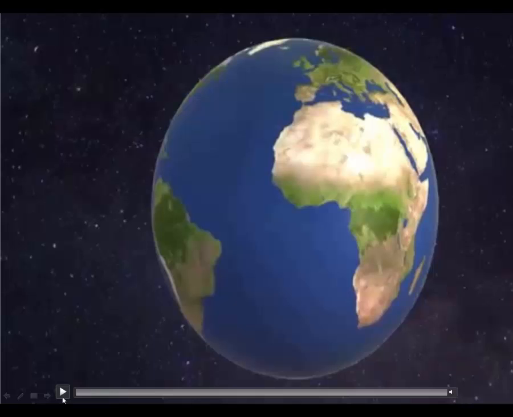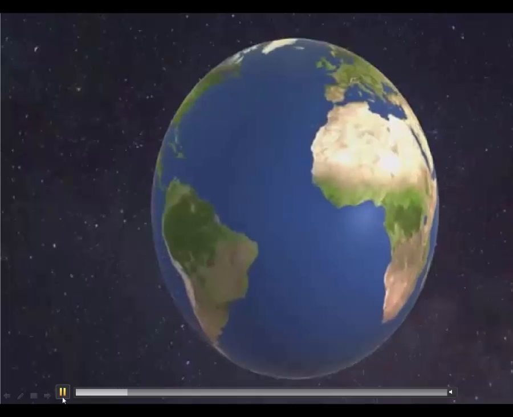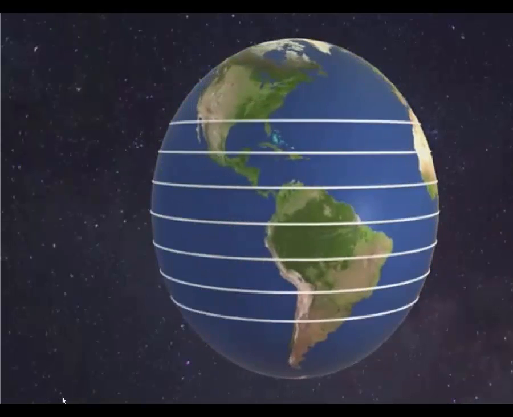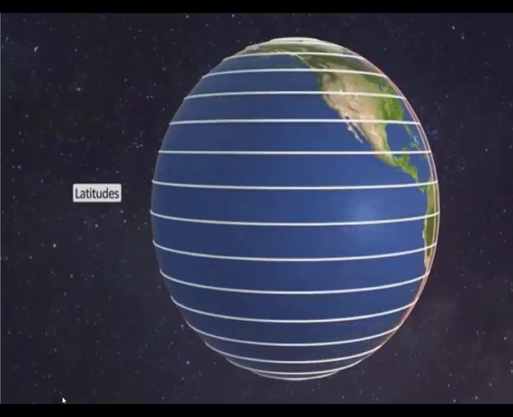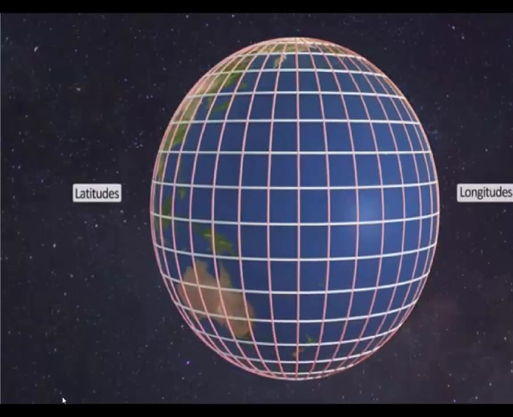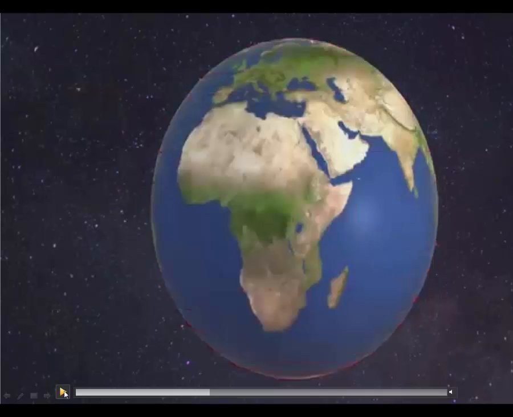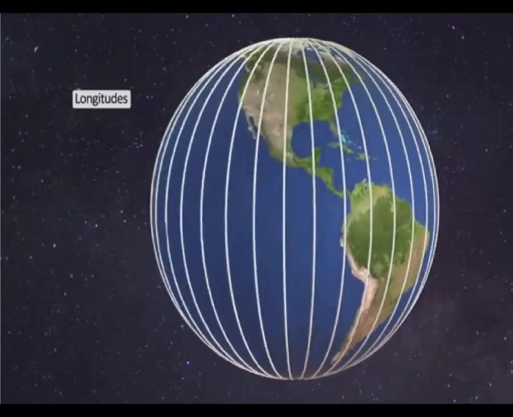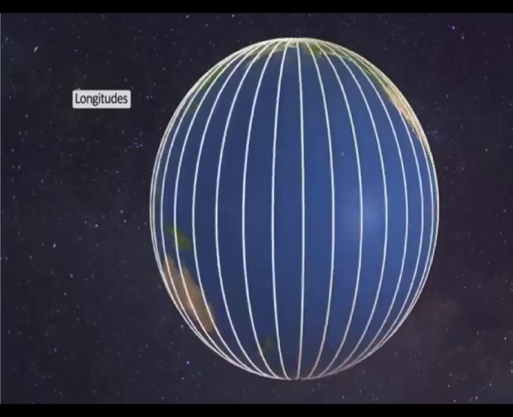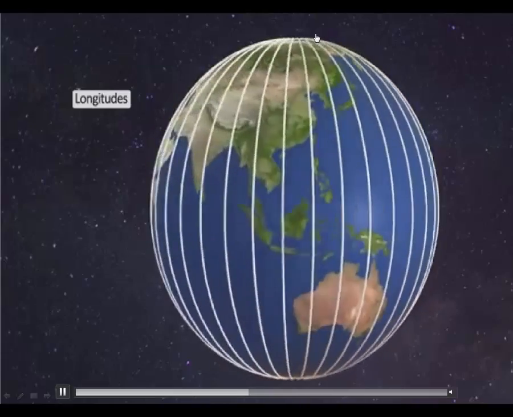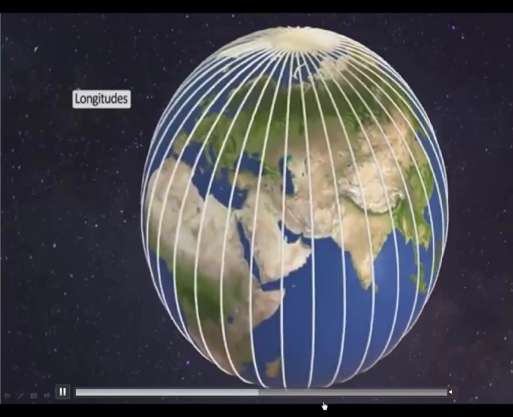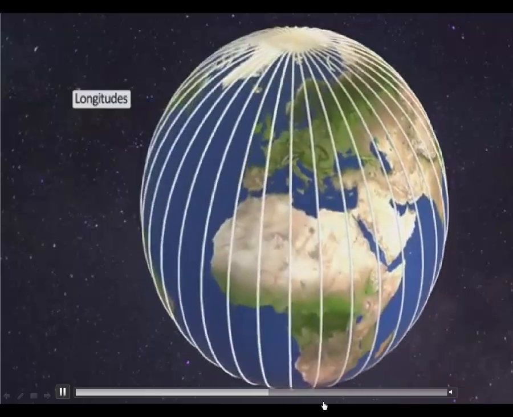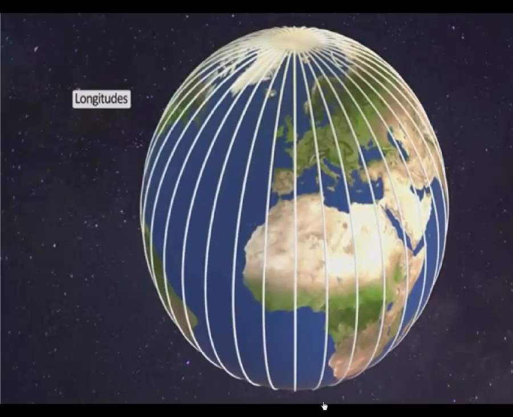The geographic coordinate of a place consists of a degree of latitude and longitude. Longitudes, or meridians, are the imaginary lines drawn between the two poles, North Pole and South Pole. The 0 degree longitude is called the prime meridian.